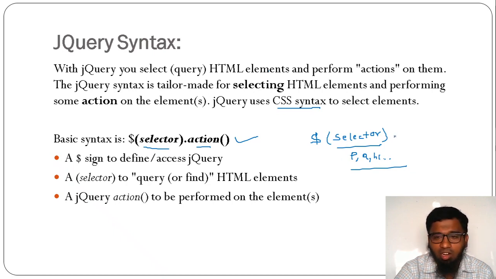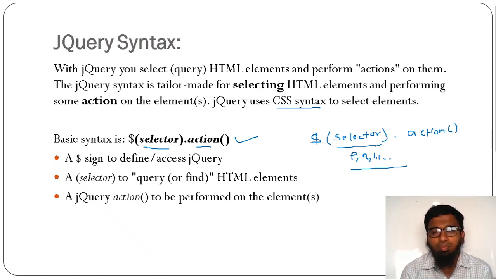Then dot action. In the action, you need to give some action, what you want to perform here, like show, hide, whatever. In the coming slides we will see examples also.